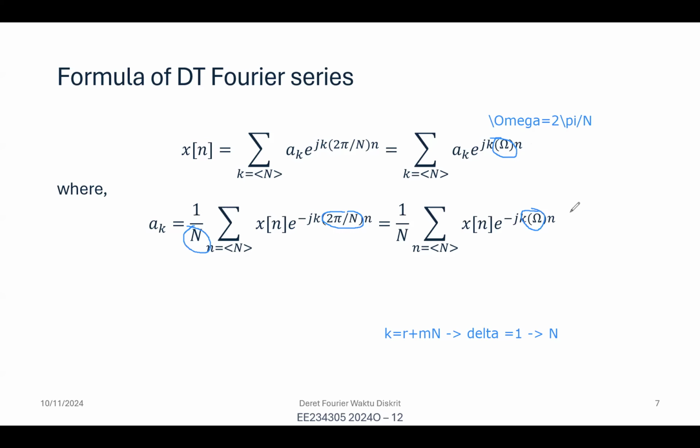This is called the Fourier series coefficient. So Fourier series coefficient, which is the sum of the value of the signal times e to the power of the complex exponential part of the signal.